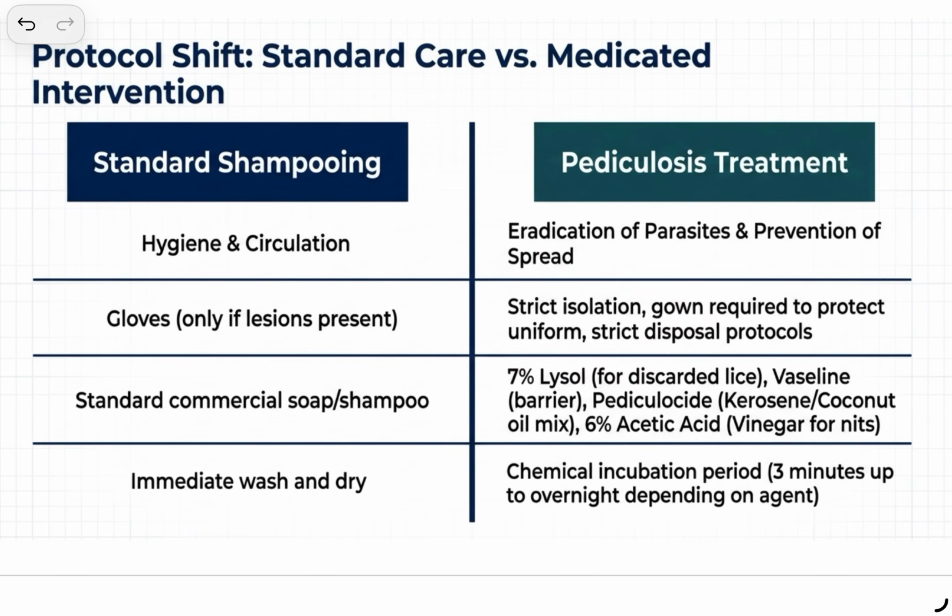Strict isolation we need to do, and we need to close the door. We need to give privacy for the patient. Why is this privacy needed? We are only exposing the hair. Privacy is not only for the body parts. Privacy is also needed to eliminate the transmission of infection, sorry, infestation, not infection.